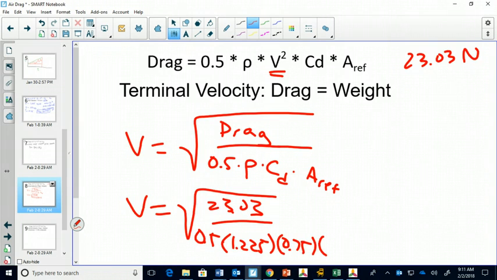What's my reference area? 0.0049. Again, we're still talking about our rocket here. So we're multiplying all those, dividing 23.03 by that, and then taking our square root. So can somebody give me a velocity? Pop it in.